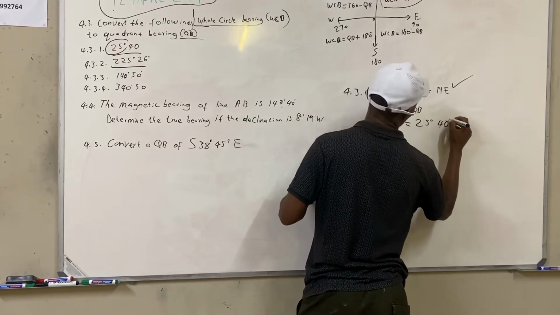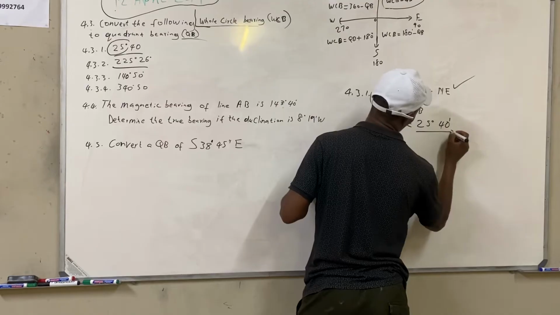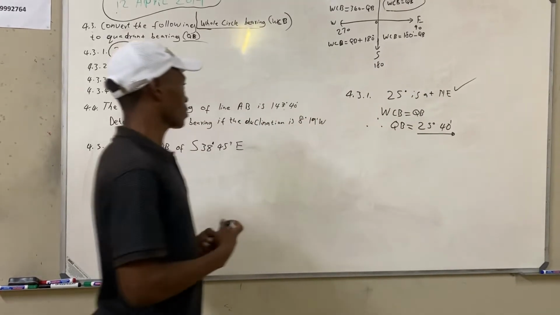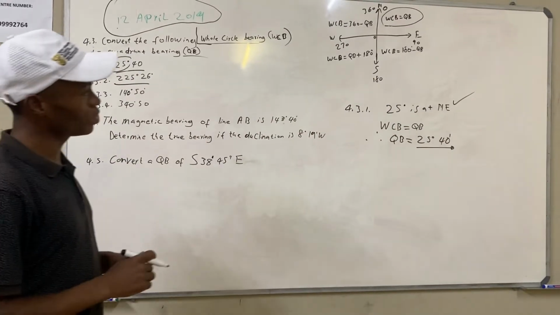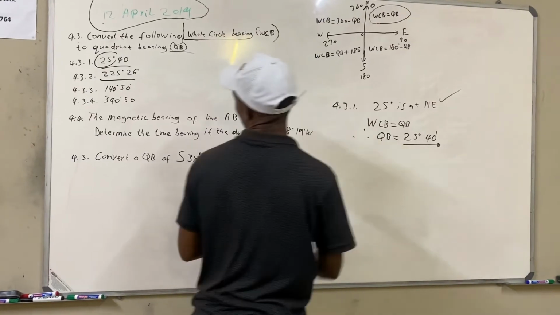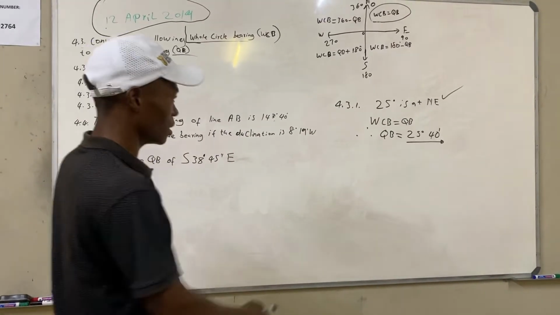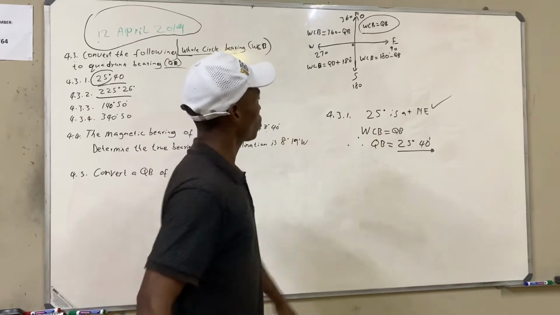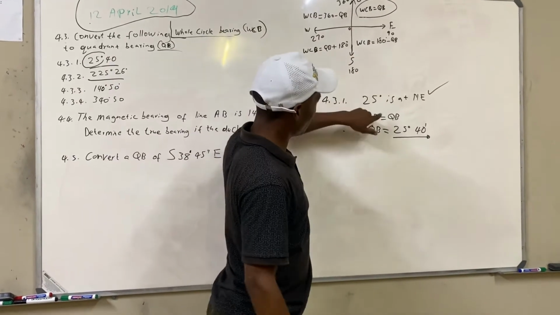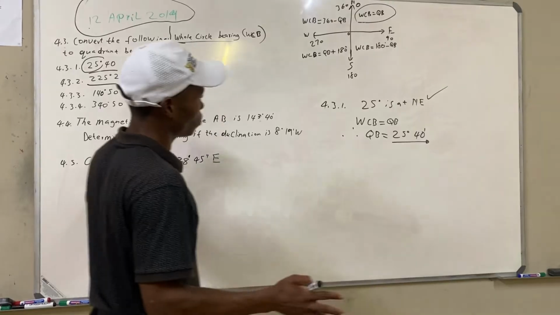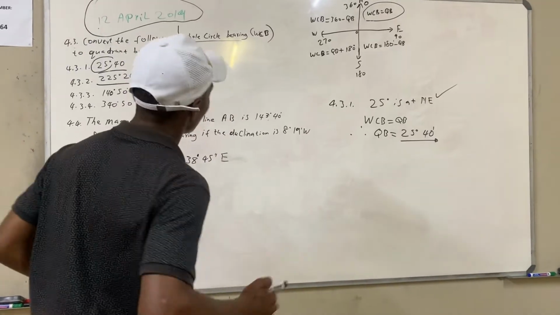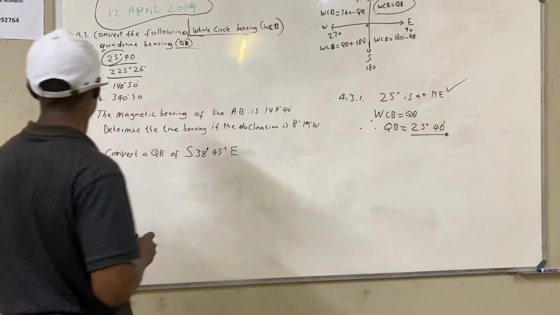Then you underline. You are not supposed to show the direction here because the question has no direction. The direction is the angle, so we check which quadrant the angle falls under. Then you are done.